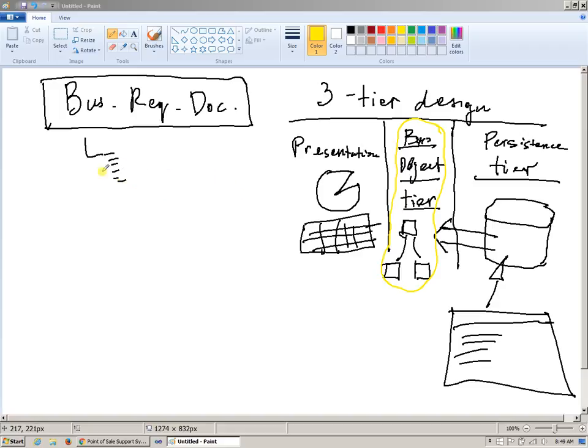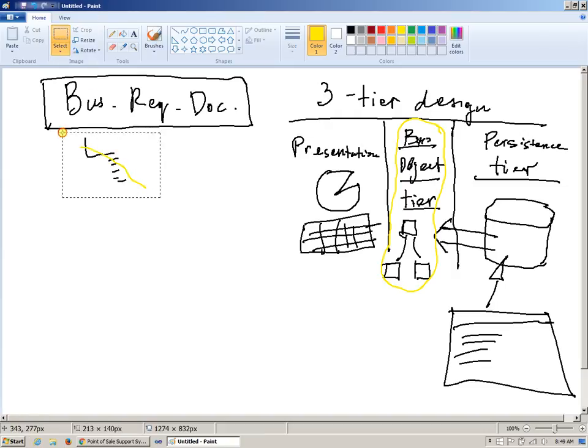Another angle, so let me clean this up a little bit. Another angle that we want to pay attention to is, like I said, first is this 3-tier design, and especially the persistence tier. The next angle is, what is our next big stage?